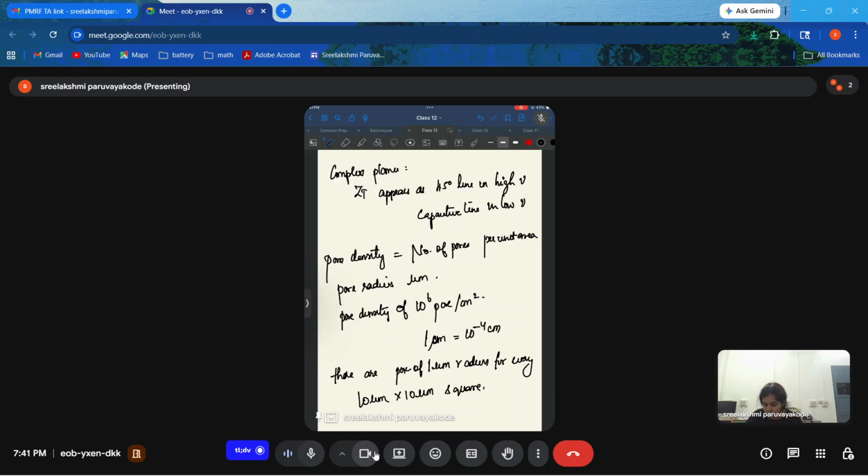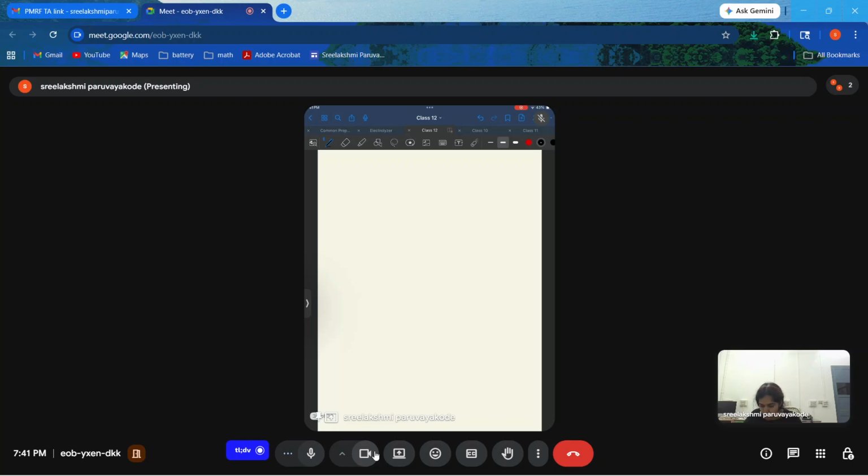What is the pore wall area? It will be 10 to the power 6 into 2 into 3.14 into 10 to the power minus 4 into 1 into 0.5, which is 31.4 centimeter square per centimeter square of geometric area.